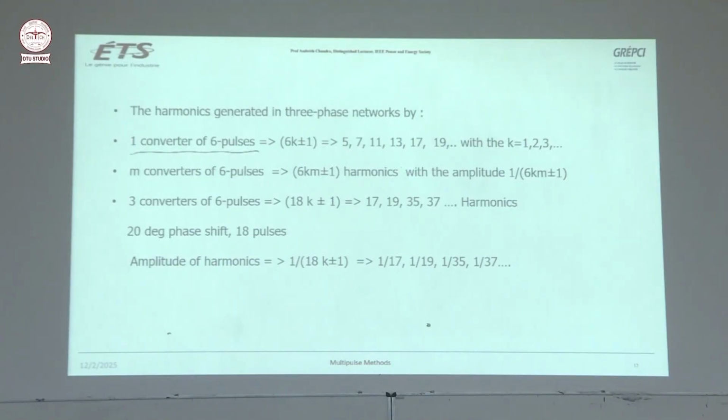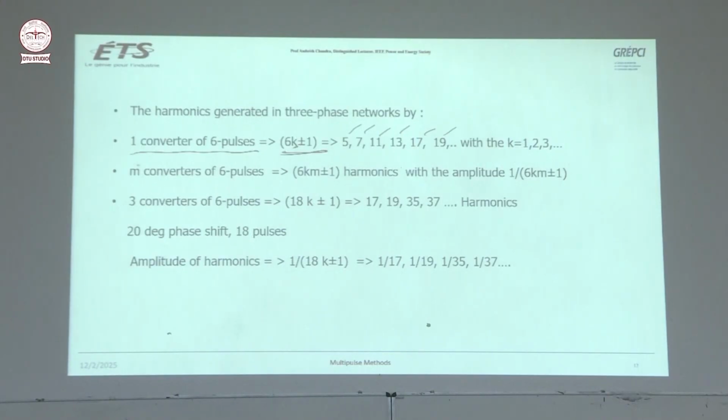So if you have one converter of 6 pulses, then this is the formula for what harmonics it will generate. It will generate, with k equal to 1, the 5th, 7th, 11th, 13th, 17th, 19th harmonics with one converter of 6 pulses.